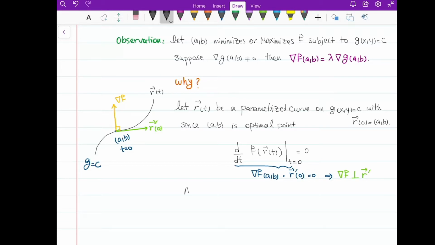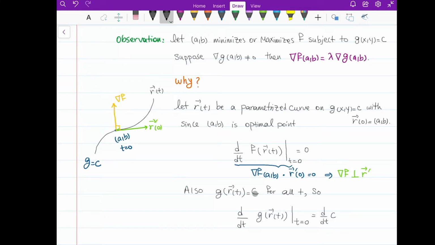Also, g of r of t is equal to c, right? That's the equation of g for all t. So now let's take the derivative of that expression: d dt of g of r of t at time t equals 0 is equal to d dt of the right hand side.